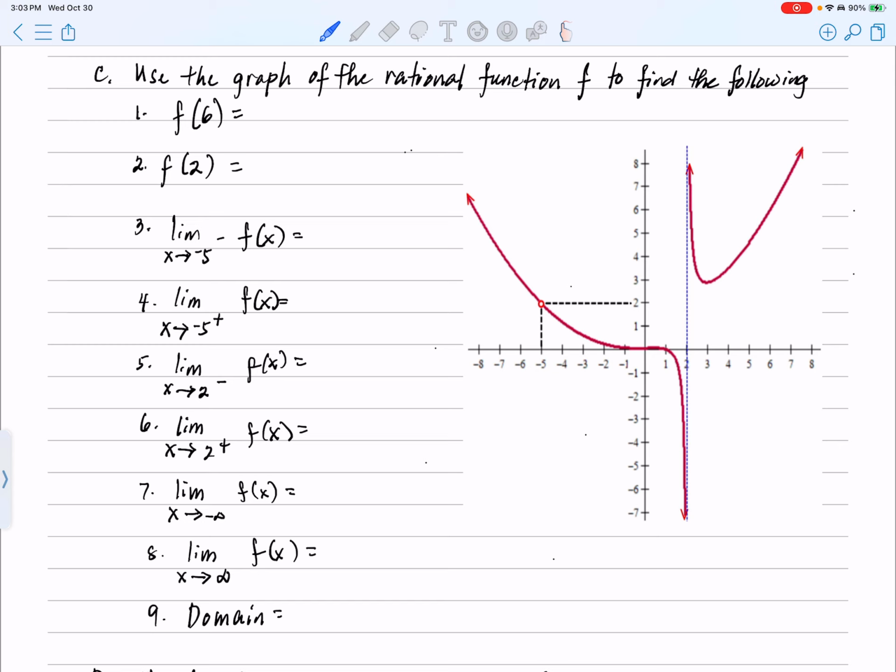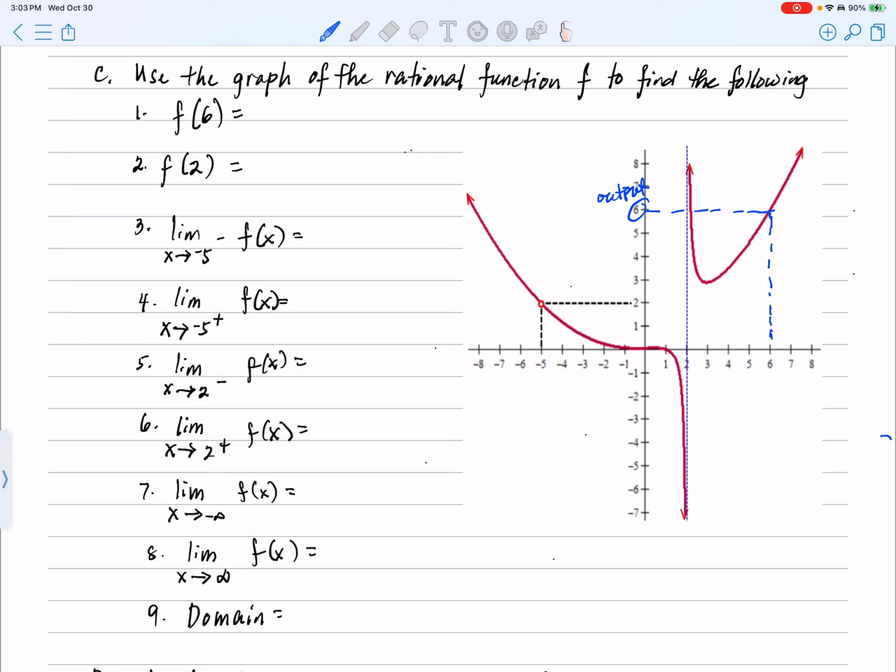So where are we going to look at that? In the x line. So let's say 6 is right here. The input is 6. So what will be the output if the input is 6? Let's look at this and cross over the graph and go straight to the y line to find the output. Here, output.